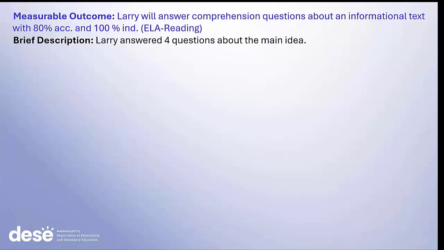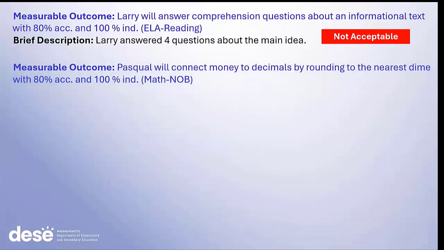But it just says that Larry answered 4 questions about the main idea. If we were in person, I would ask you why it was not acceptable, which it is not acceptable because there aren't any titles. Remember, we need the titles. Okay, good job. See what the next one says.